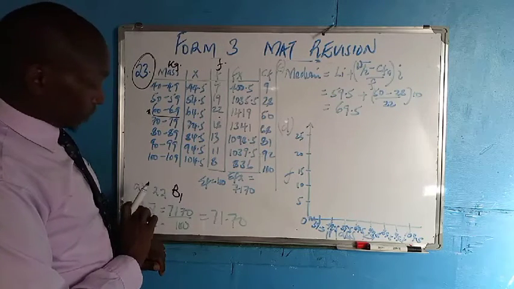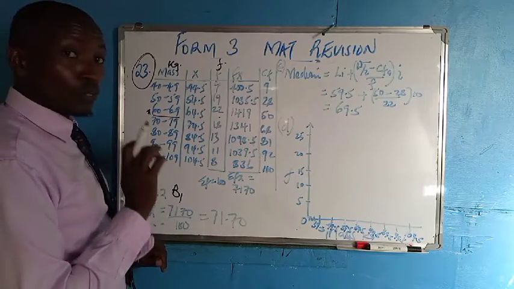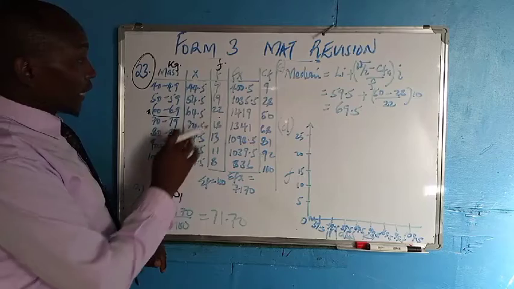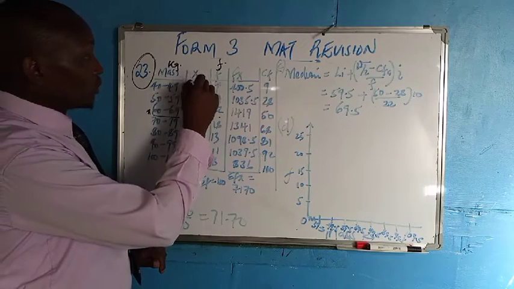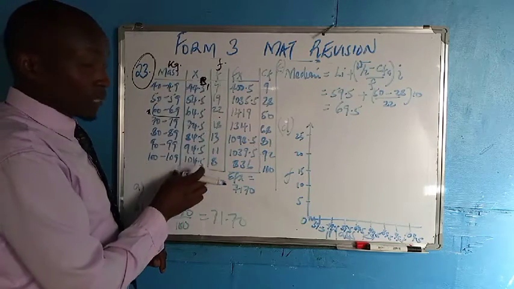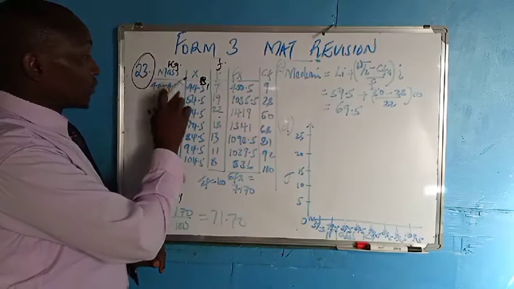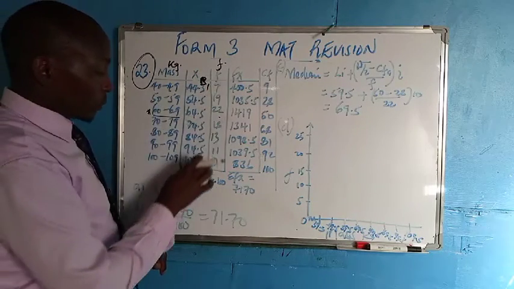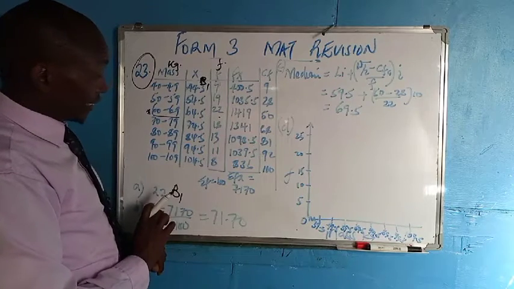Then we do part B. The student was expected to find the mean mass for this data. What I expect the student to do is show the column for the midpoint. That is 40 plus 49 divided by 2, 50 plus 59 divided by 2. I expect to see that well calculated.